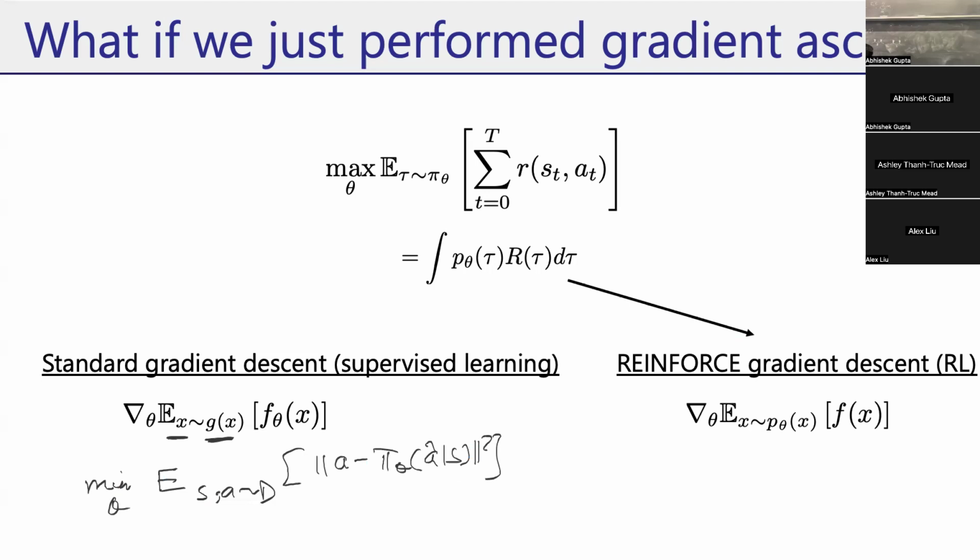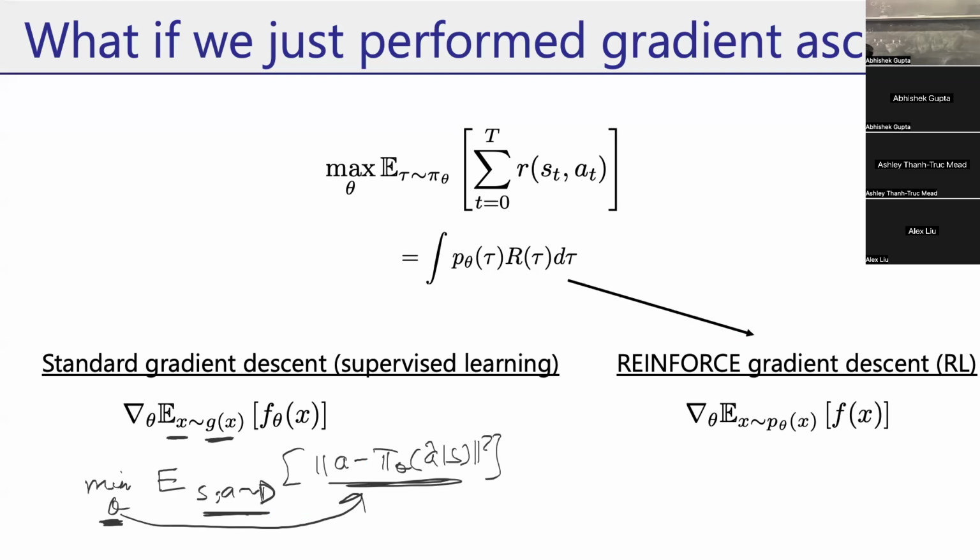And the important thing about the supervised learning objective is that theta is inside the expectation. Theta determines the thing inside the expectation and not the thing that you're taking the expectation with respect to. You're taking the average with respect to some data set that does not depend on theta.